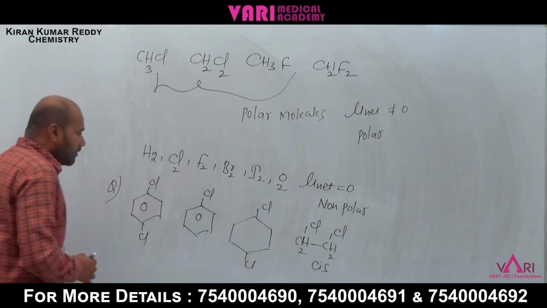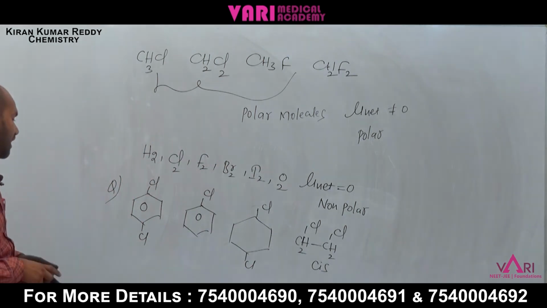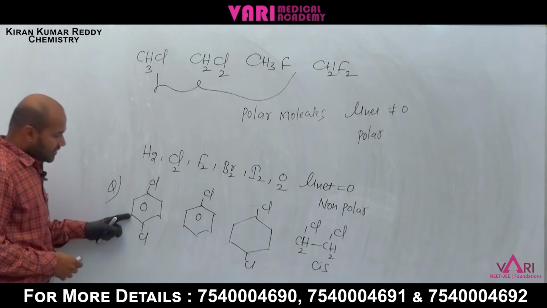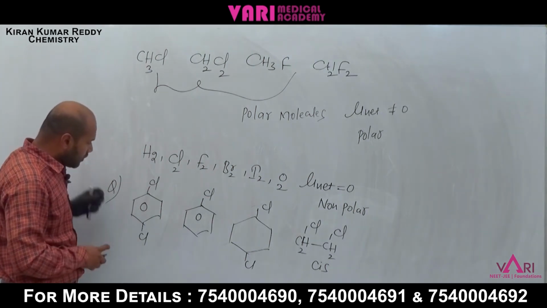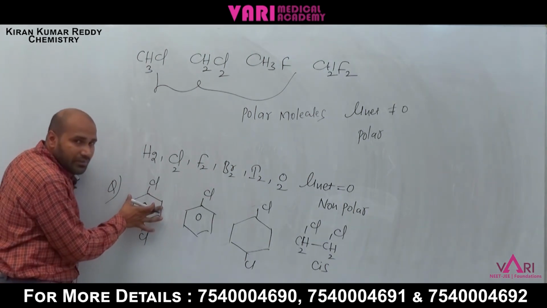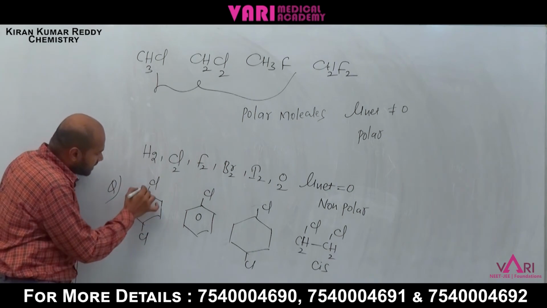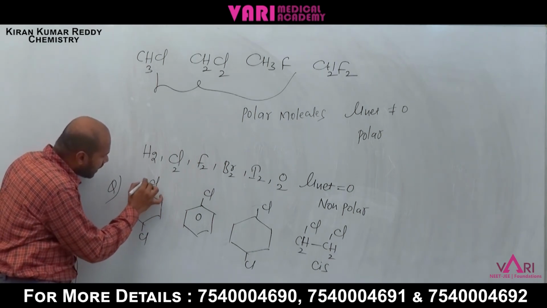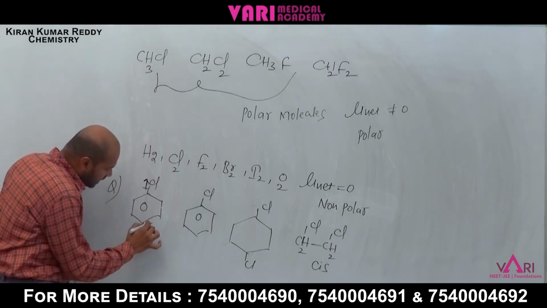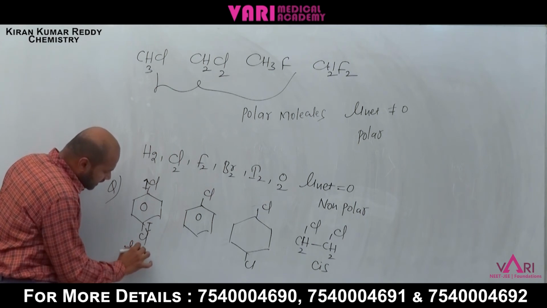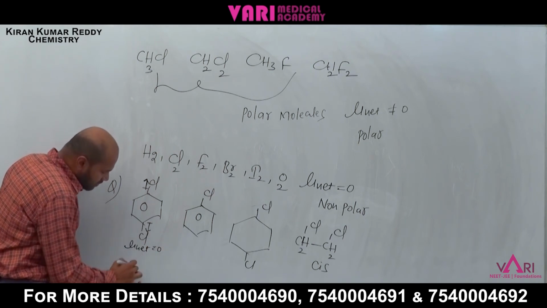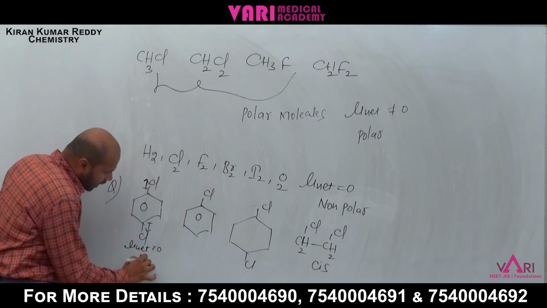Which one is the polar molecule, which one is the non-polar molecule? In 1,4 dichlorobenzene, all carbon atoms are in the same plane. That's why the dipole moments are opposite to each other. Here mu net is equal to 0. This molecule will be non-polar.